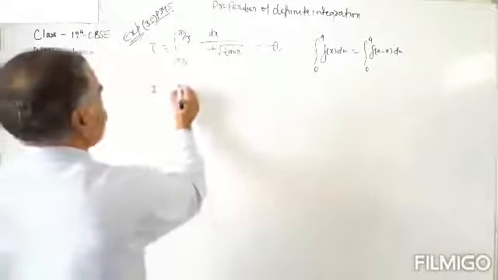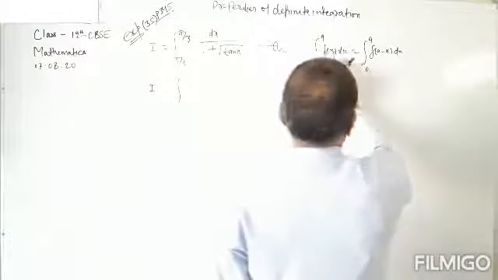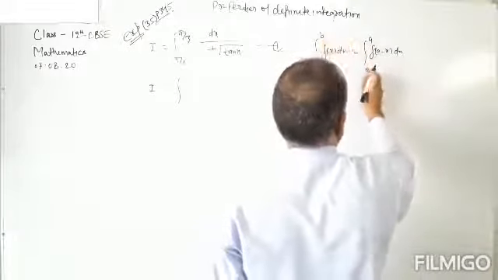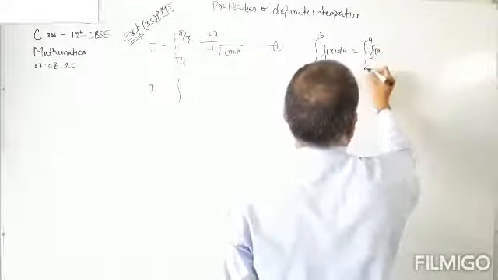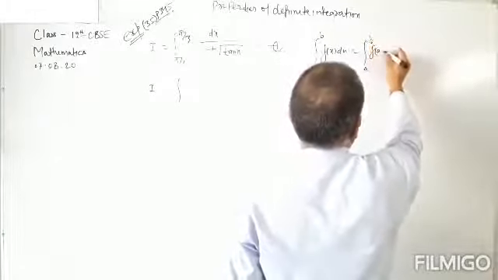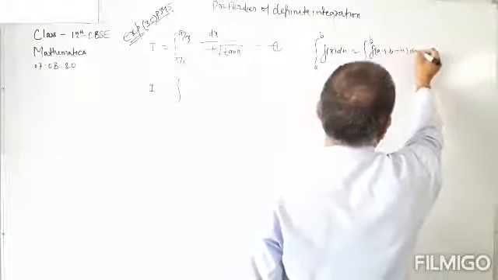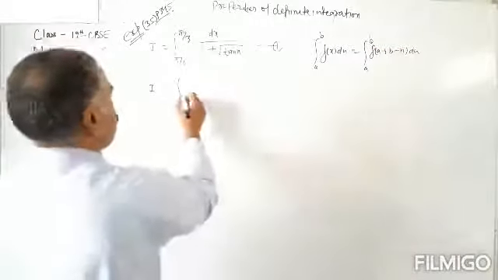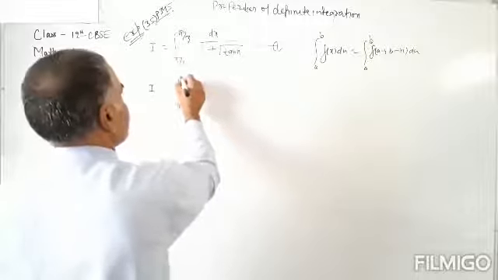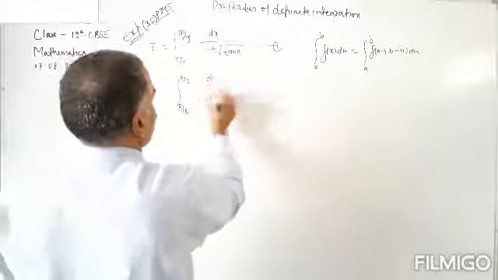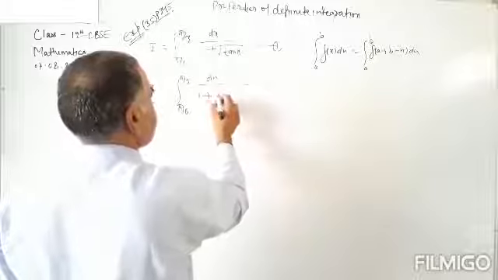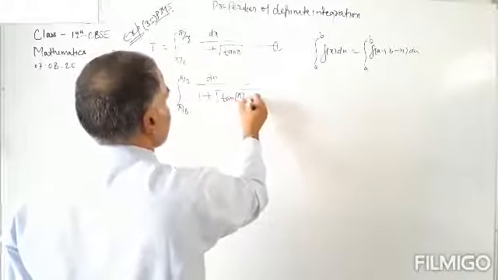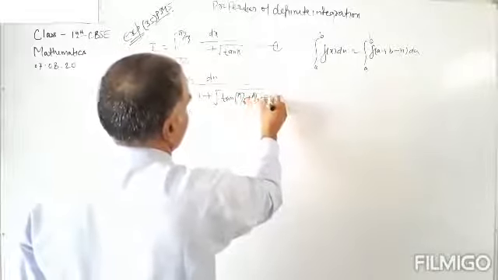I equals, this property means the integral from a to b of f(a plus b minus x) dx. This is the general form of this property. So the integral from pi by 6 to pi by 3 of dx upon 1 plus under root tan of (pi by 6 plus pi by 3 minus x).